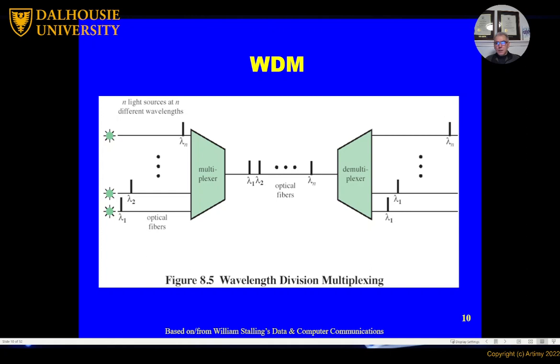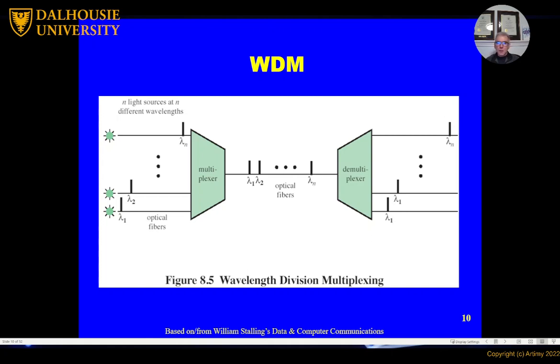Another technique used for optical communication. In optical communications, we have light, which is an electromagnetic signal as well. I can apply the same principle of frequency division multiplexing, but in this case, I use colors.